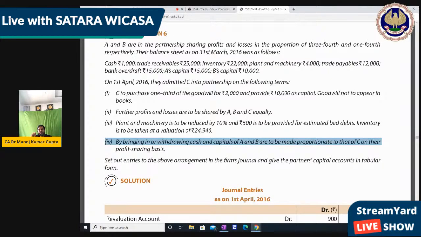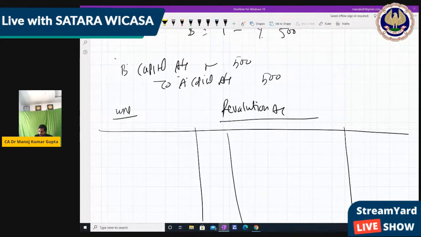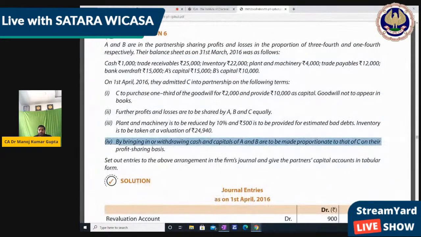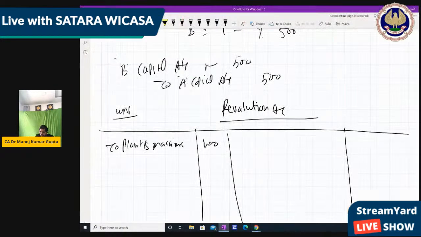It's reduced by 10%. That means 400. So it's a loss, na? Plant and machinery 400. We'll pass the entry from that ledger only. Directly we can pass the entry. One entry only we can pass. Then 500 to be provided for estimated bad debts. So bad debts, or you can say debtors, 500.